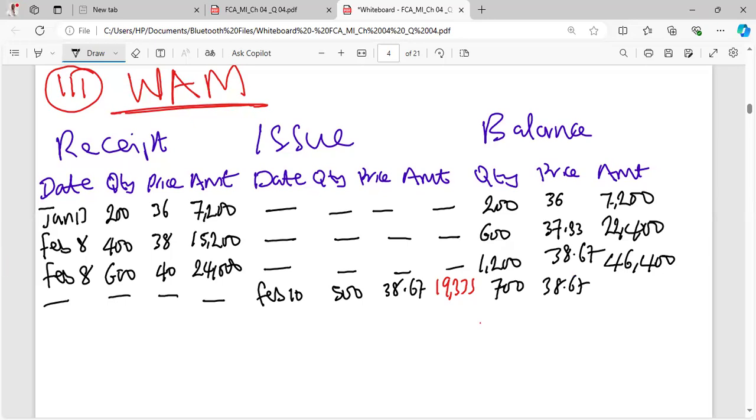Then we'll need to remove this 19,335 from 46,400. That will give us 27.65.